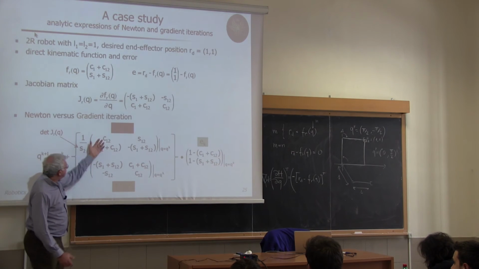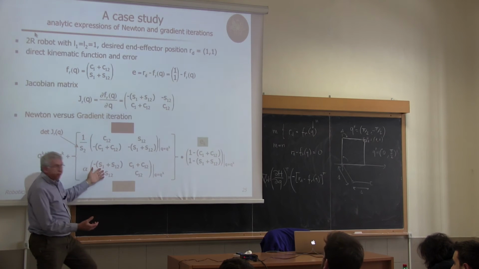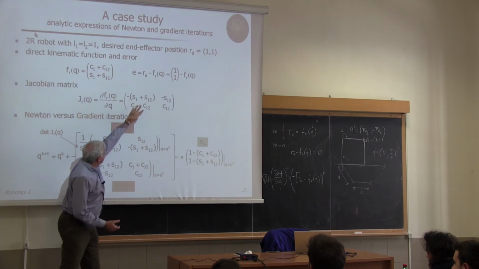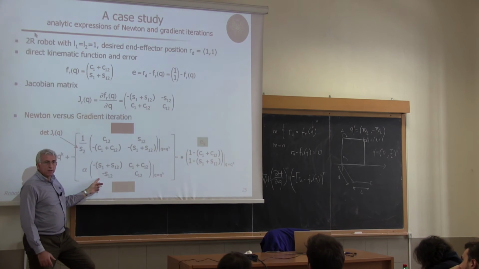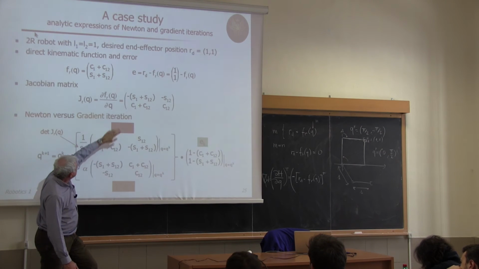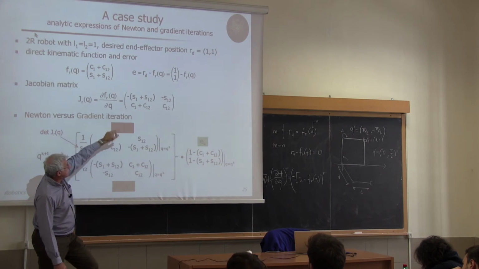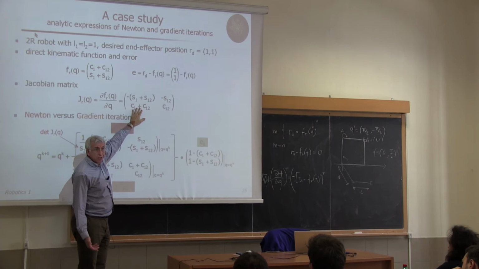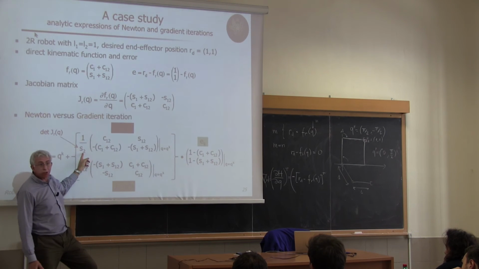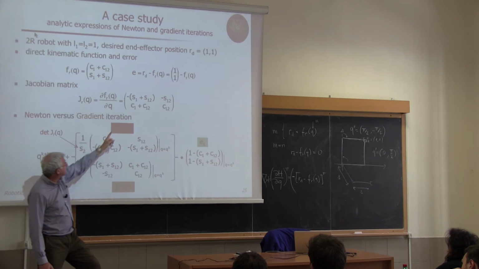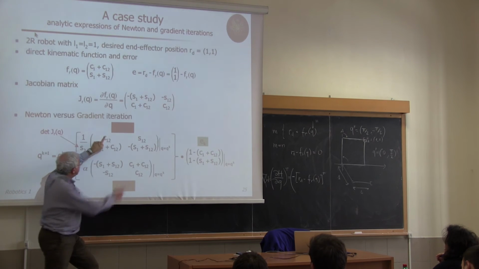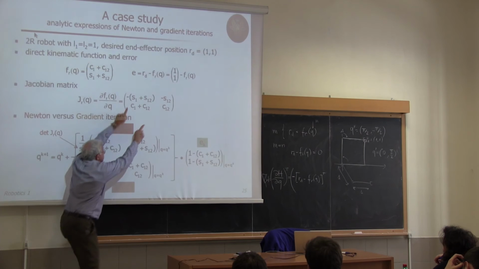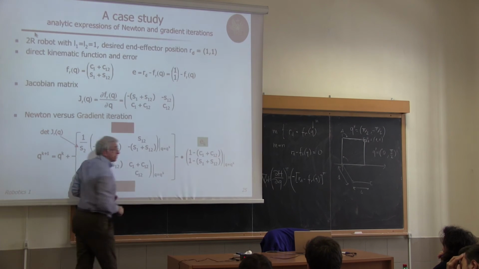So you can immediately see it's different. This is just transposing rows and columns here. This is the minors. So in a 2 by 2 matrix, you know that the inverse is 1 over the determinant, which is sine of Q2, the determinant of this matrix. And then you exchange this and you change sign to this.